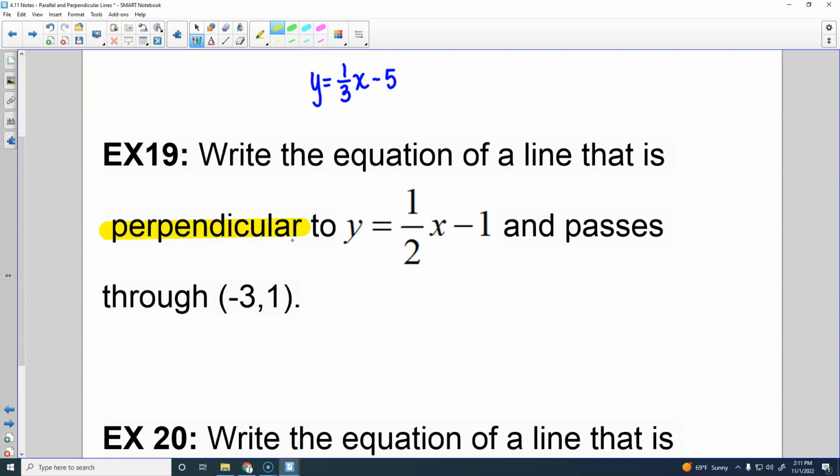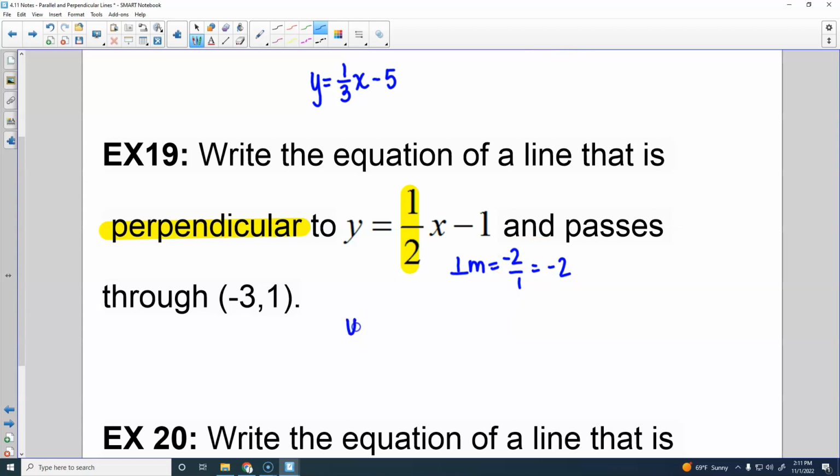So would you have to flip the sign to make it a negative then sign? Correct. So we're going to flip. So we got 1/2 right now for this slope. So our perpendicular slope is going to be, we're going to flip it, which will be 2/1. And since it was positive, we make it negative. So that's just negative 2, right?